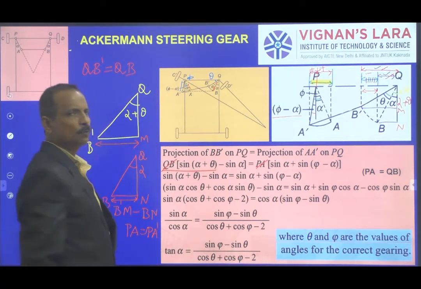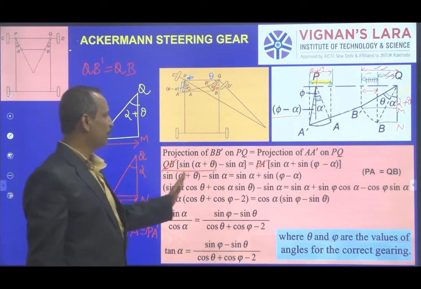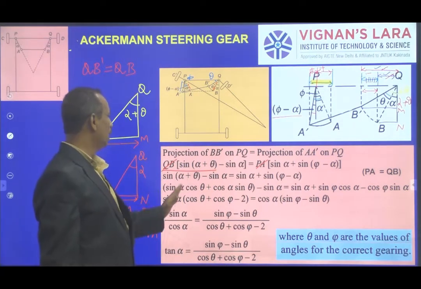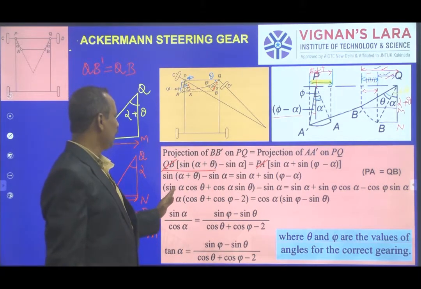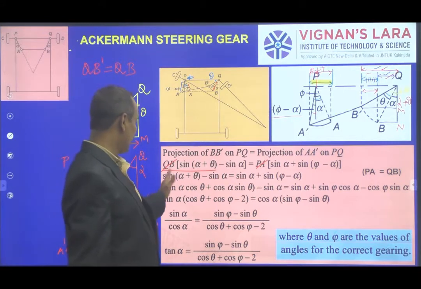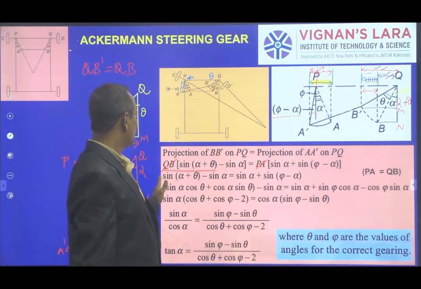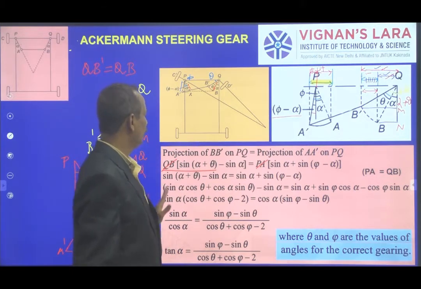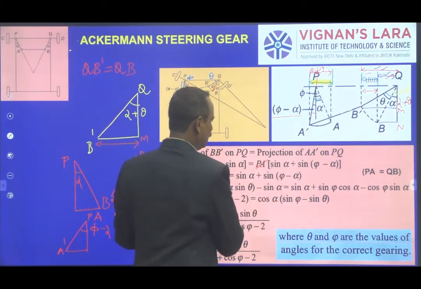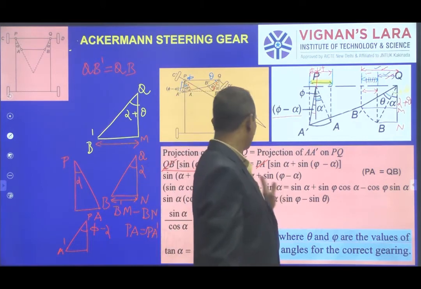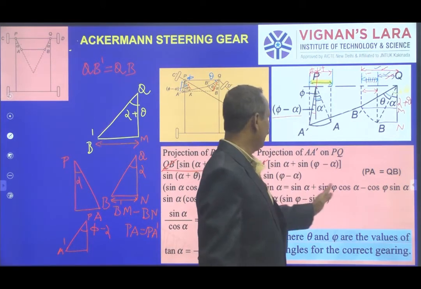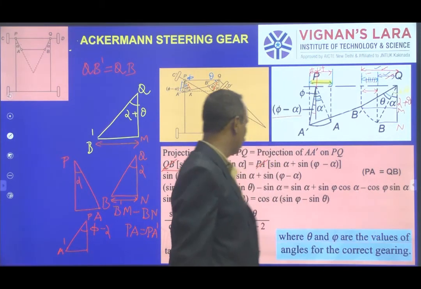Then just expand by trigonometry, sine A plus B and sine A minus B. So this is sine alpha cos theta plus cos alpha sine theta, then sine alpha as it is; the right side sine alpha, then sine A minus B, sine phi cos alpha minus cos phi sine alpha.